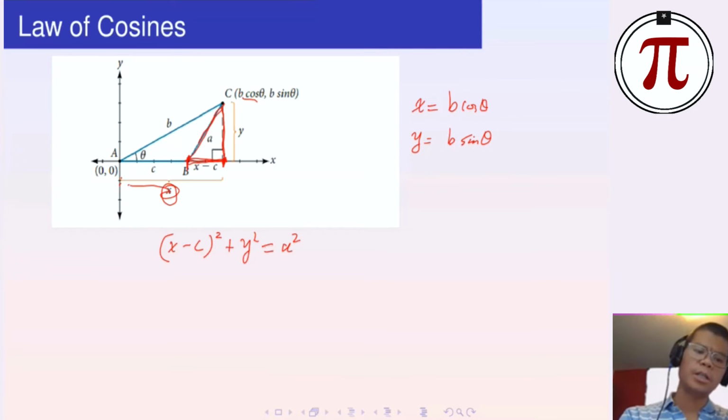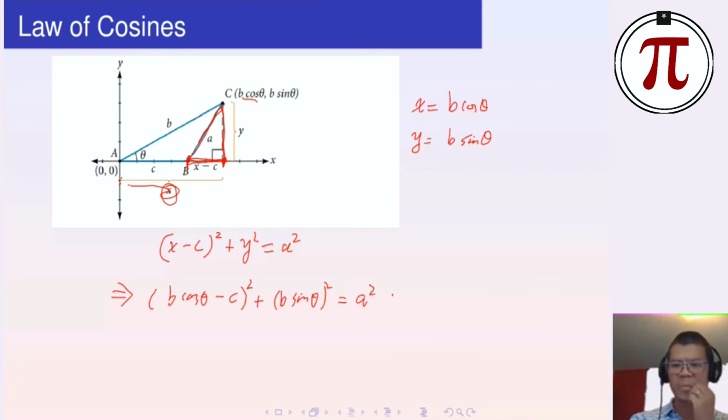So if you plug in everything, then (b cosine theta minus c) squared plus (b sine theta) squared equals a squared.